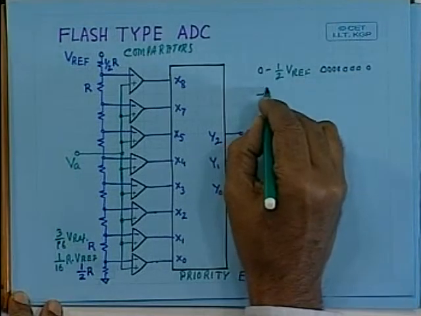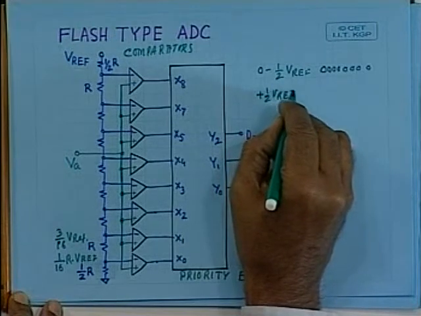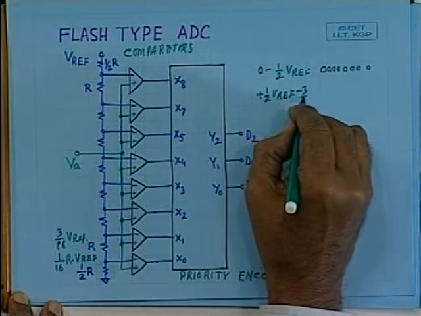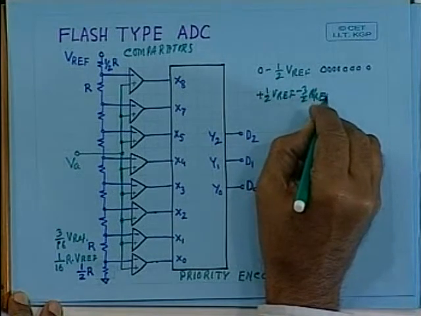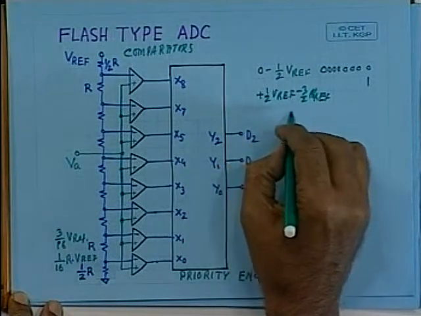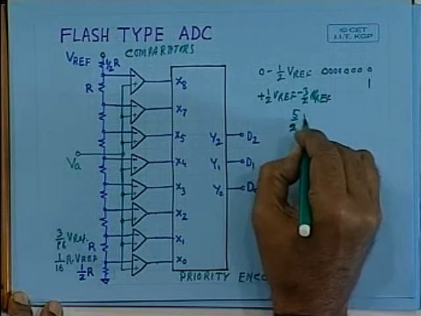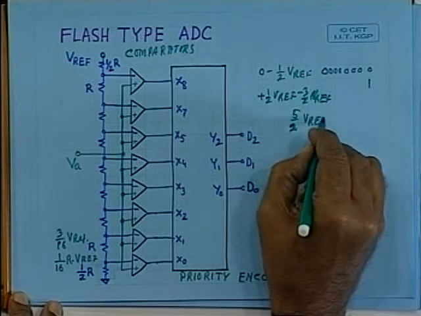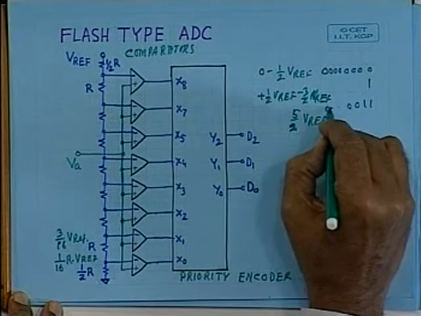And from say half Vref to 3 by 2 Vref, this bit will become 1. Then whenever it is above this and up to 5 by 2 Vref, you will get 1, 1, and other bits will be 0, and so on.